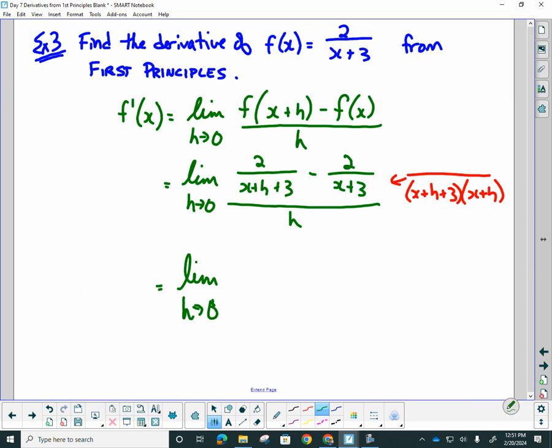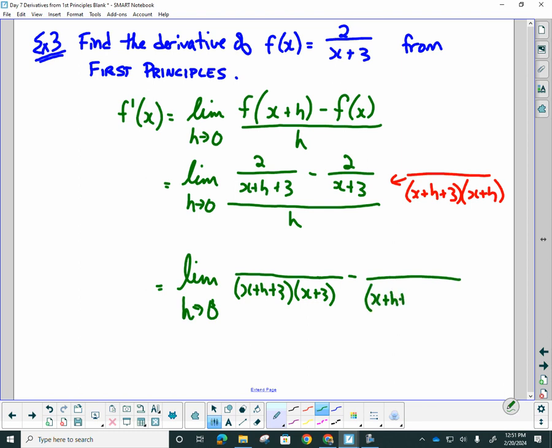All right, the common denominator then is the product of those denominators. So one of them is x plus h plus 3, and the other one is just x plus 3. So that'll be the common denominator I'll need for both fractions.